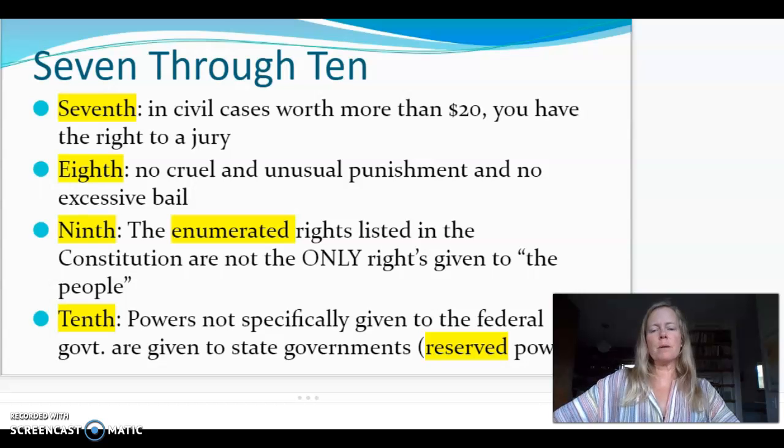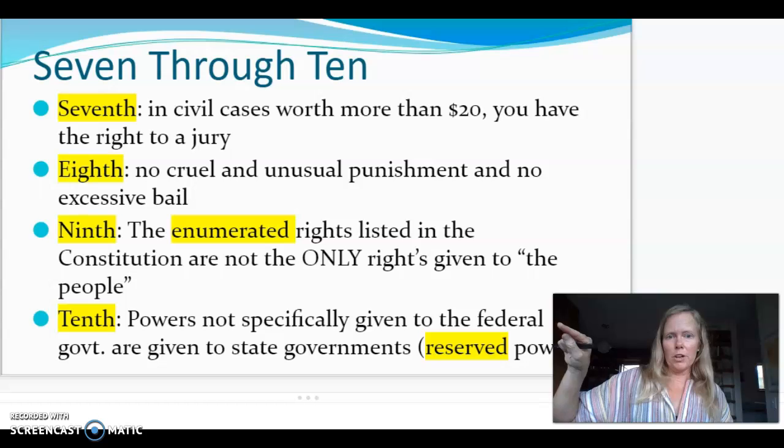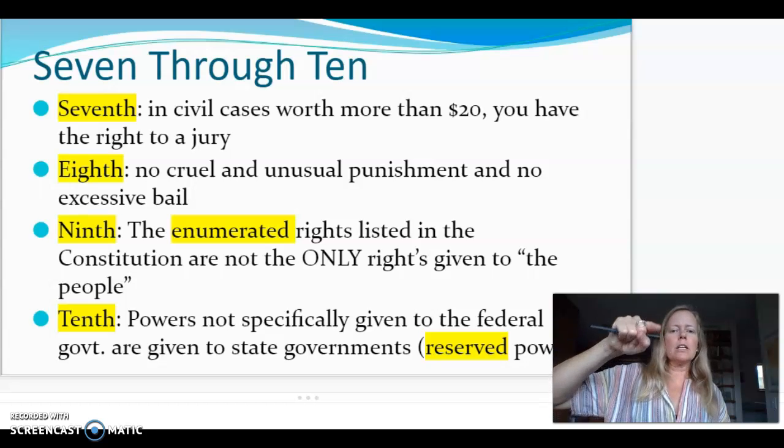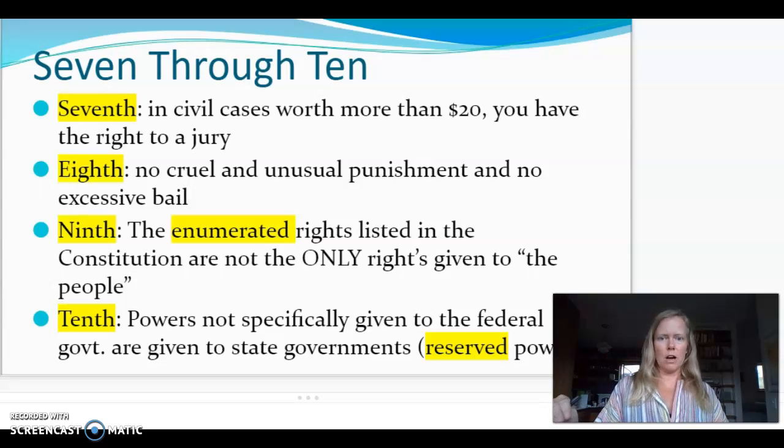The Ninth and Tenth Amendment, these are arguably the most important of the Bill of Rights passed after the First Amendment. Kids confuse them. Listen carefully. There's a little bit of a difference, even though they both deal with the rights of the people. The Ninth Amendment, basically what this says is enumerated rights. Enumerated, if you remember, means things specifically spelled out. So the enumerated rights listed in the Constitution, that's referring to 1 through 8 that we just covered.